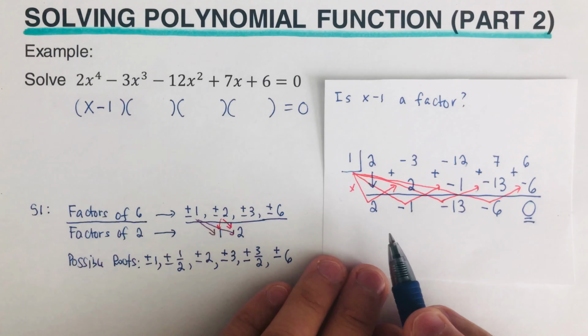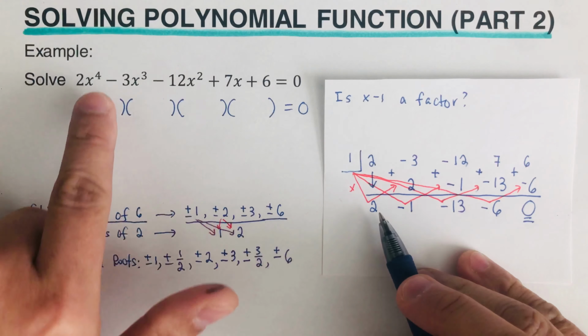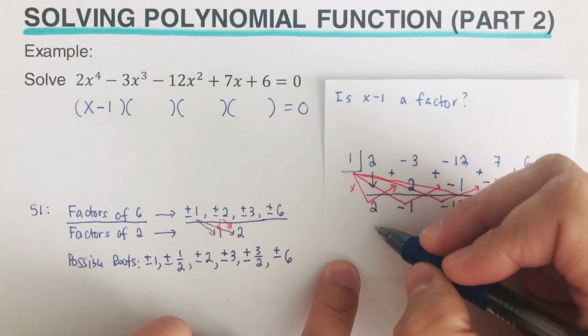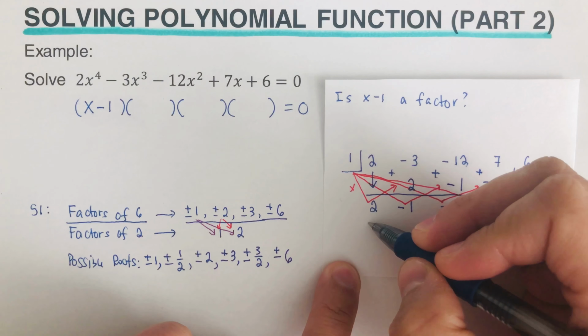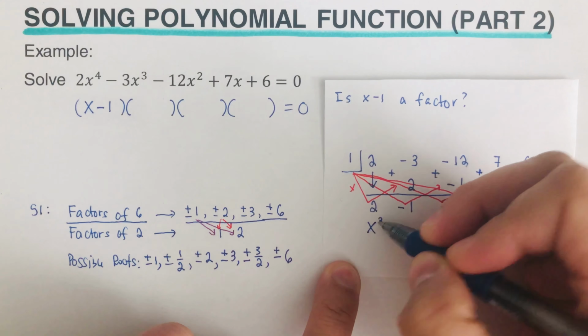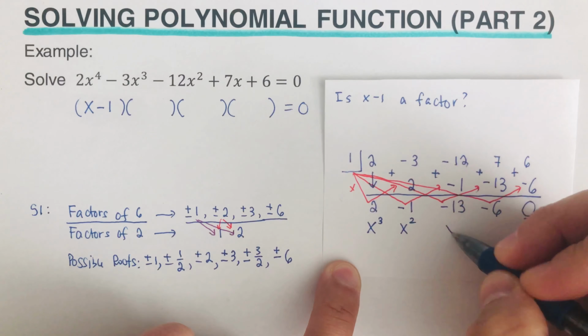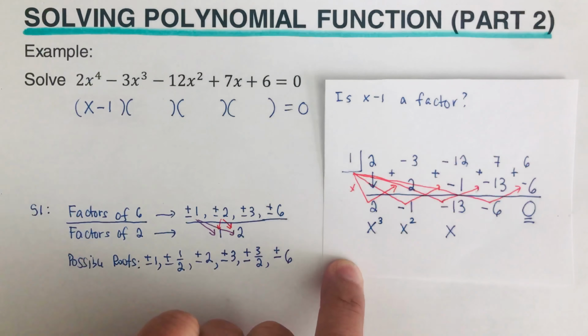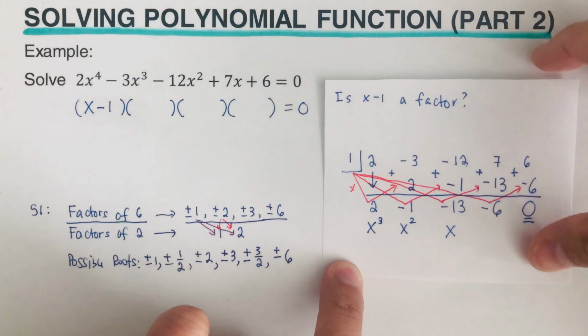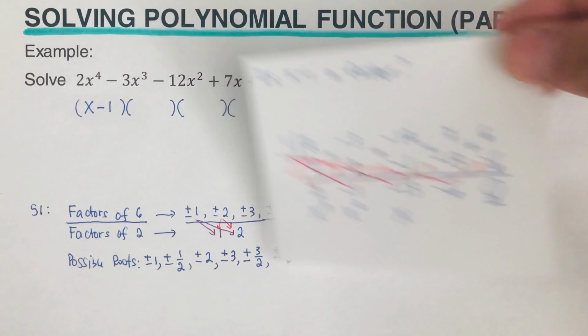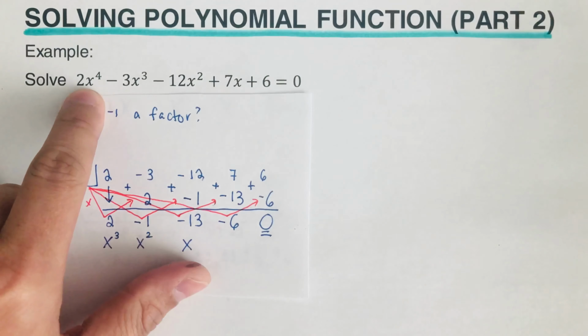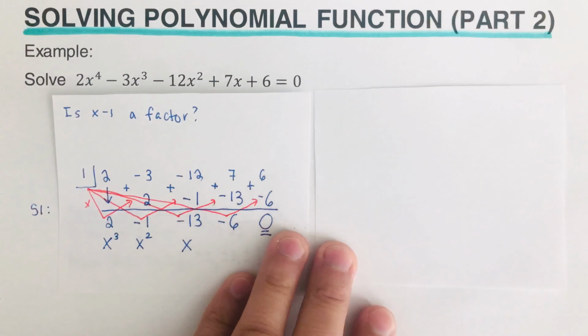Now, looking at this, we remember that this is to the 4th power. This means that this will come down to the 3rd power. So this will be x to the 3rd, x squared, and this is x. We narrowed it down starting from 4, and it came down to this. So I'm just going to show the work up here.